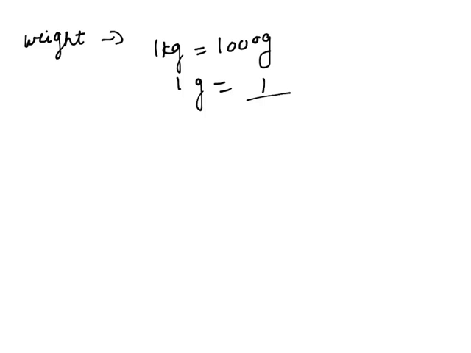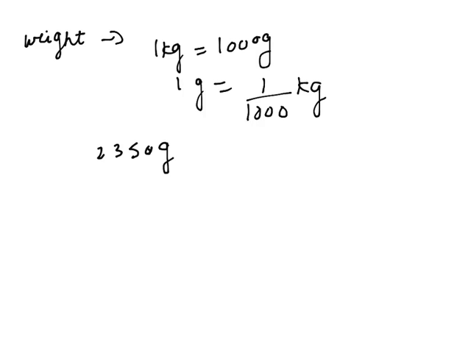Similarly, next is weight. We know 1 kg is equal to 1000 gram, and so 1 gram we can write as 1 by 1000 kg. Similarly, if we have 2350 grams, how can we write it as a decimal in kilogram?